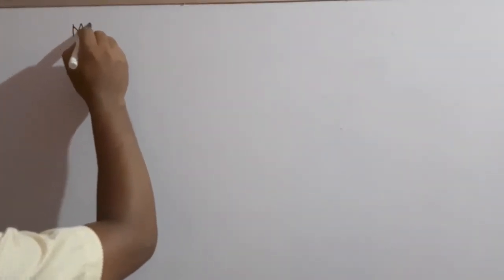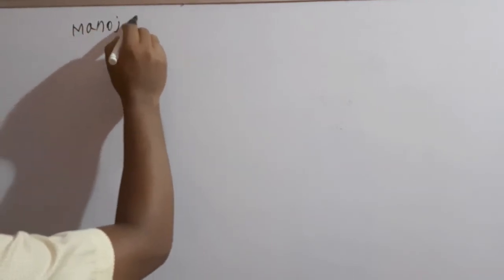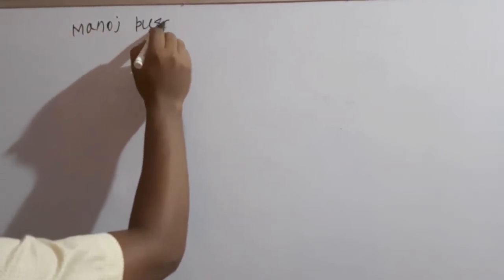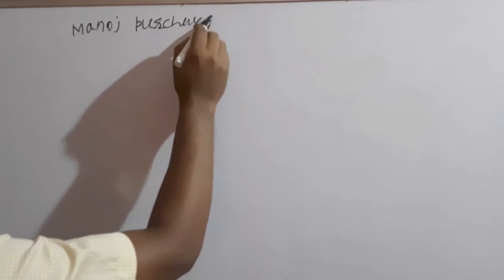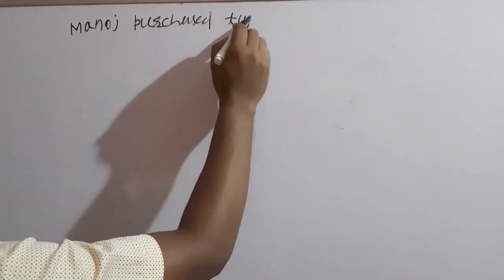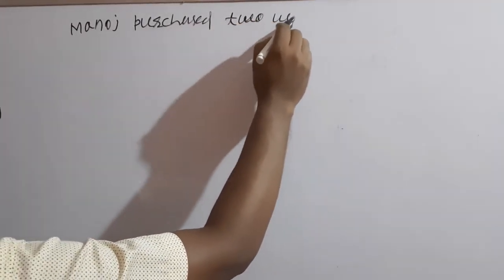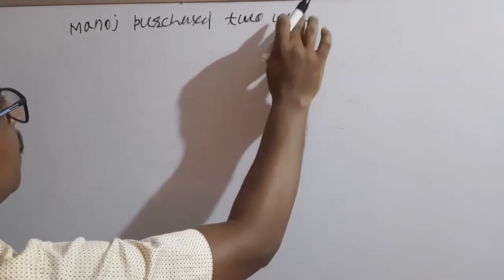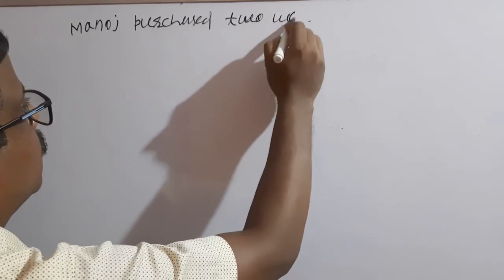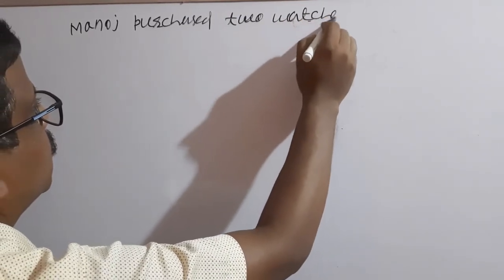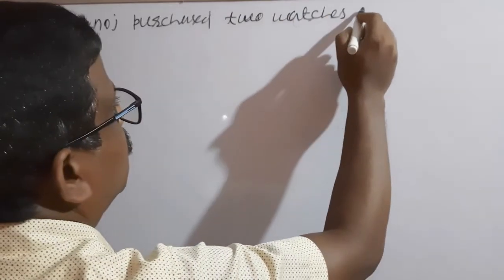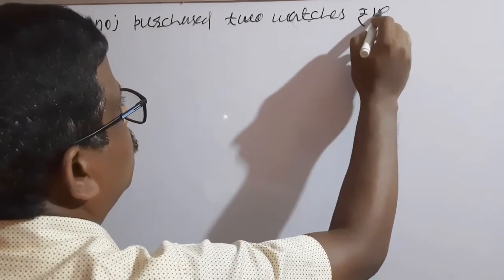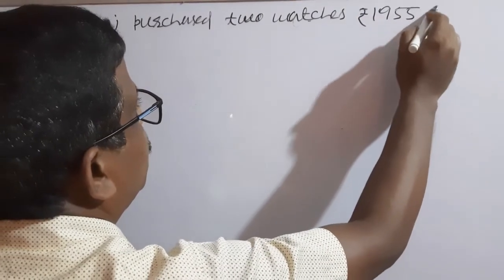Suppose the question is: Manoj purchased 2 watches at rupees 1955 each.